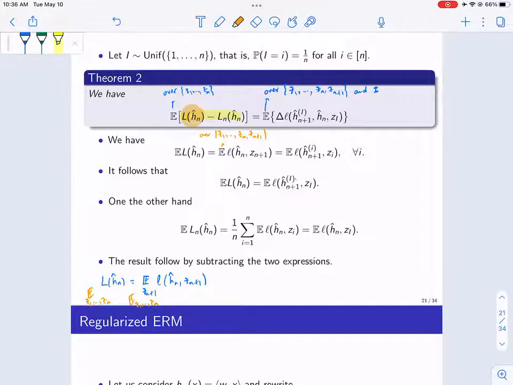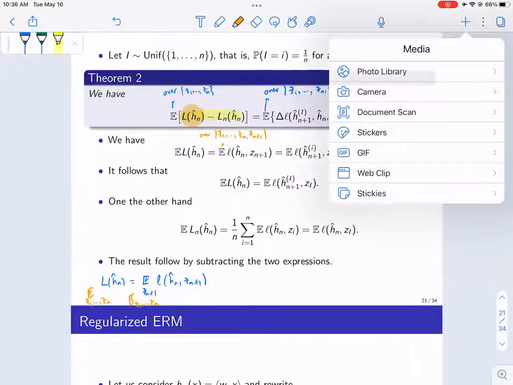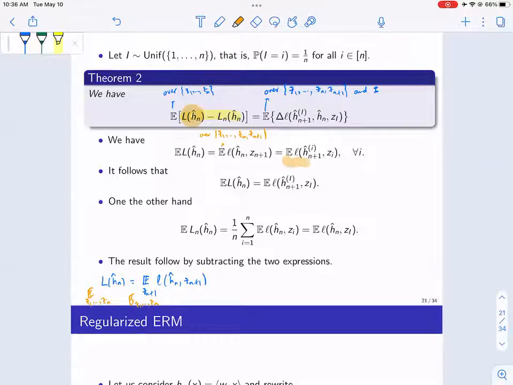This is saying that this function of i, you can think of this as some gamma i, if you want, or I don't know, what should we call it? A_i, right? And then A_i is equal to the expectation of L h hat n for all i.